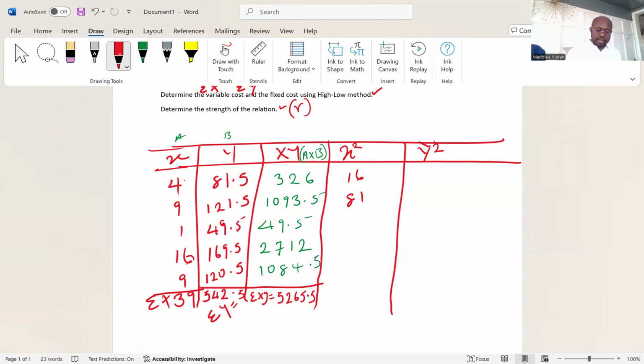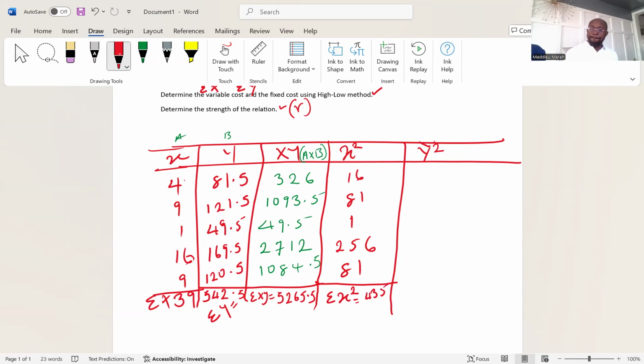Okay. 1 square, just 1. 16 square will give me 256. And 9 square again, 81. And this would be my sum of X square, which is 435.